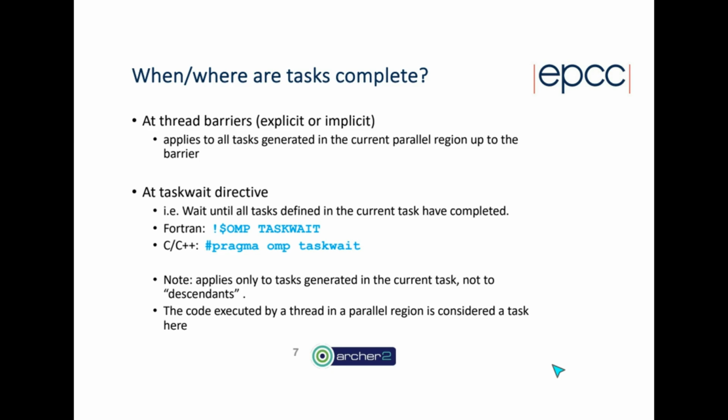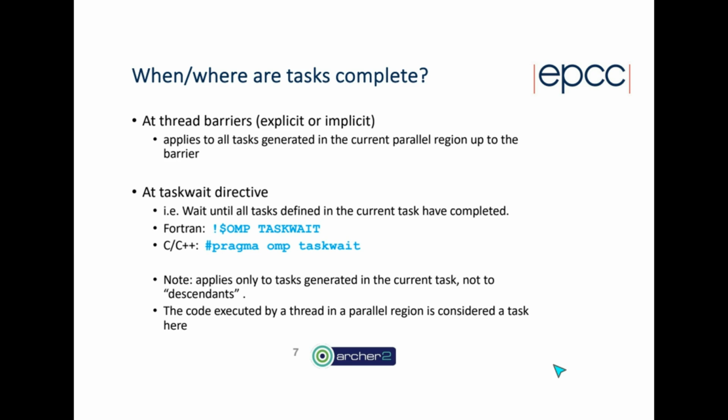Okay. Now, the way that's defined, it all sounds like that doesn't make sense unless we have nested tasks, but actually it does, because the way the standard's written, the code executed by a thread in a parallel region is considered a task for these purposes, when we're thinking about taskwait and task completion.